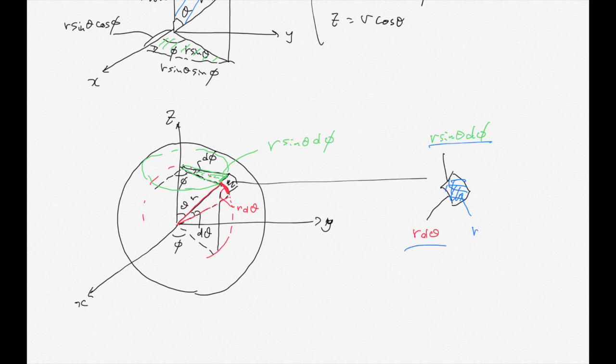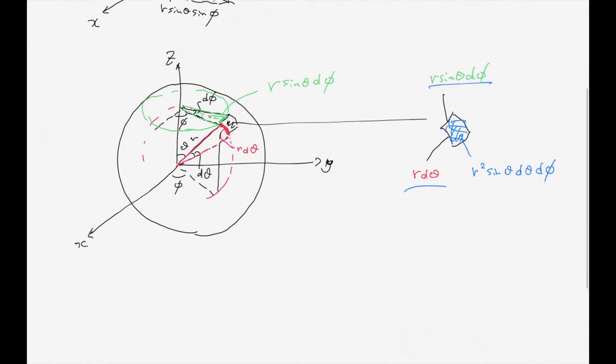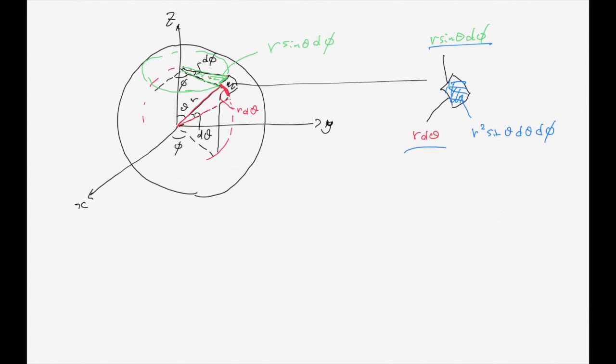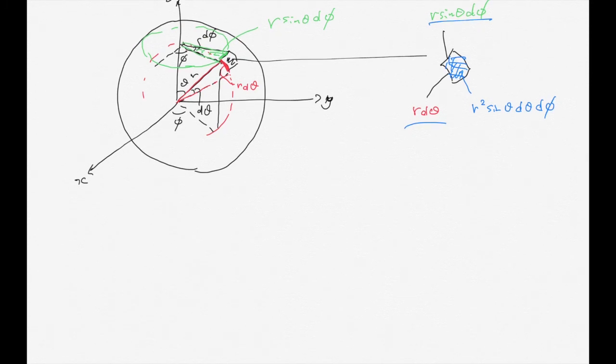So this means r squared sine theta d theta d phi. This is the small area. Then we'd like to integrate over the surface to find S. So the two independent variables are phi and theta. We have to integrate over phi and theta.